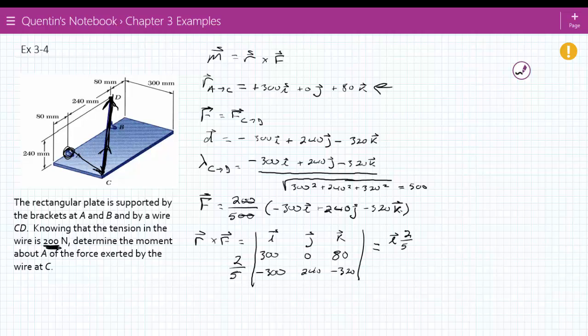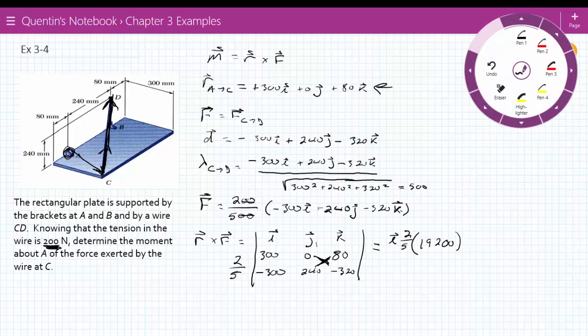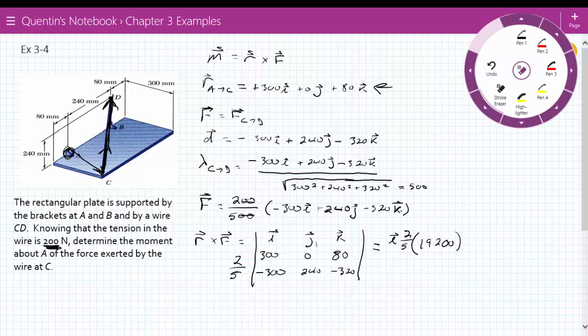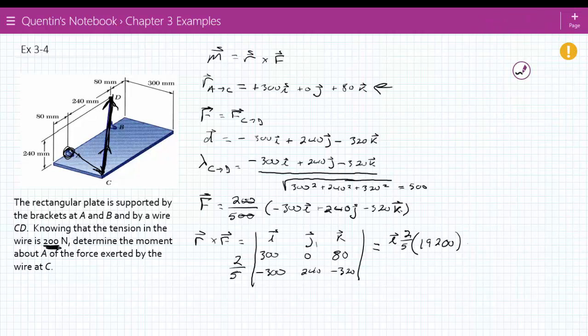When I pull that 2/5 out, I need to make sure I multiply it by everything. That's going to end up being 19,200 for the i component, and it's this minus this. For the j component, the way I do determinants, I'm going to say minus j times 2/5.